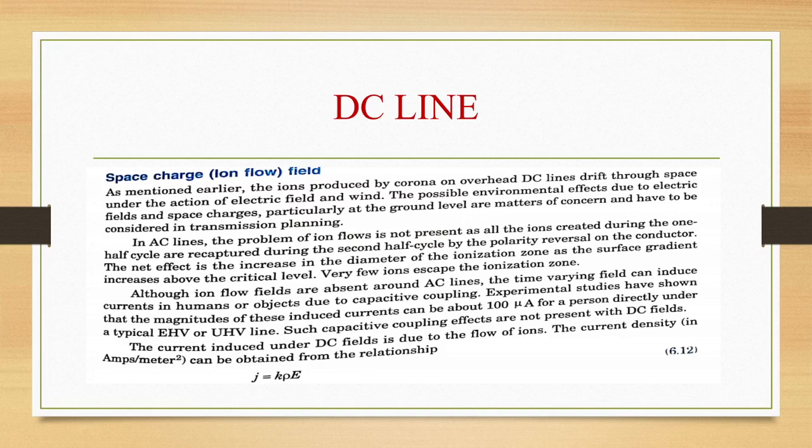Although ion flow fields are absent around AC lines, the time-varying field can induce currents in humans or objects due to capacitive coupling. Experimental studies have shown that magnitudes of these induced currents can be about 100 microamps for a person directly under a typical EHV or UHV line.